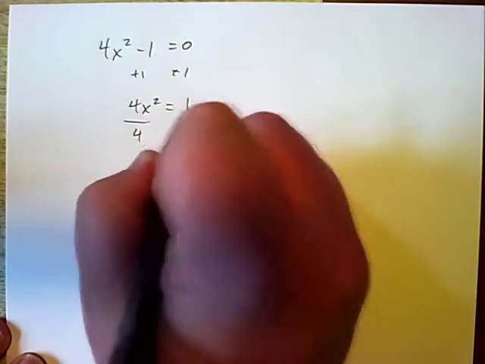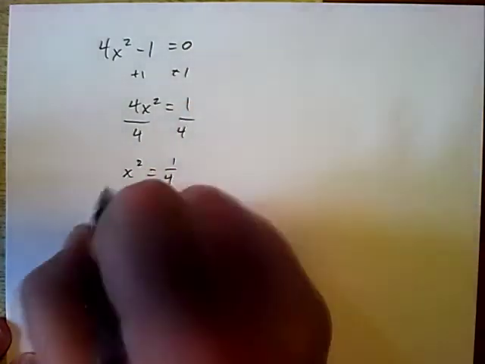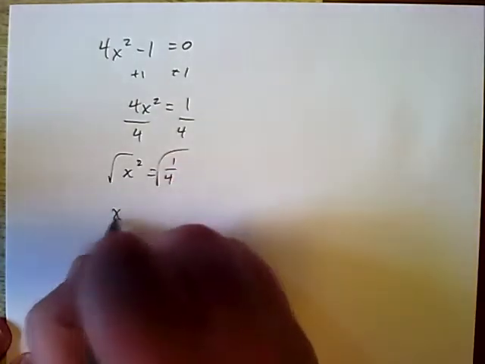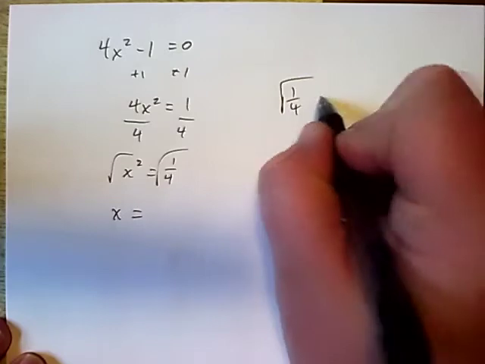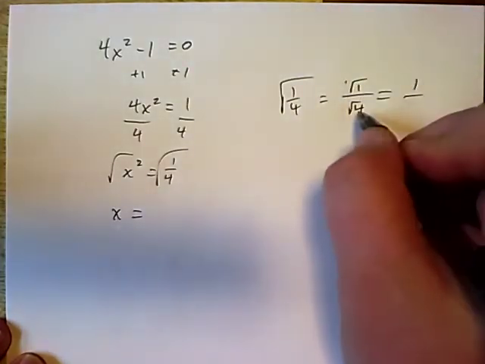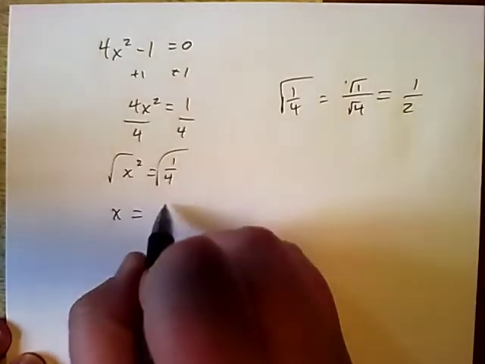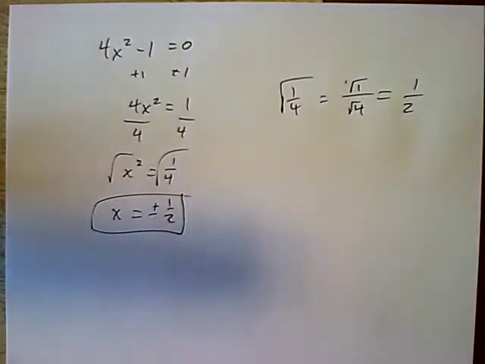Divide by 4. So I have x squared equals 1/4. Now if I square root, I get x equals, alright, so the square root of 1/4 is the square root of 1 over the square root of 4. The square root of 1 is 1. Square root of 4 is 2, so I get 1/2. And now remember, it's the plus and minus version of 1/2.